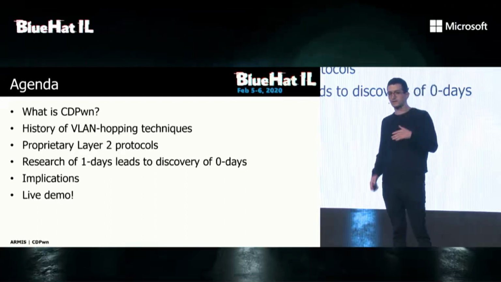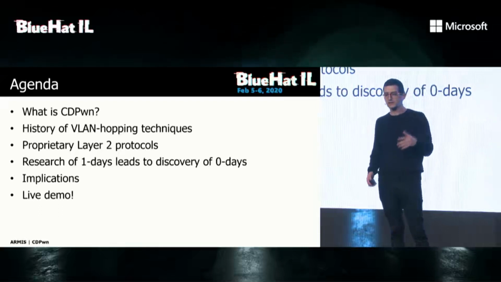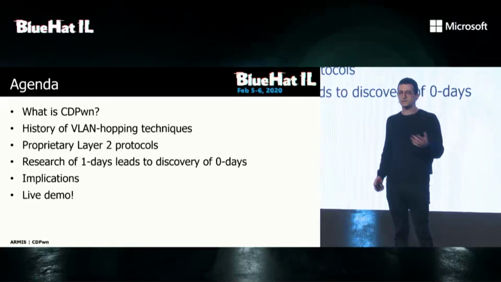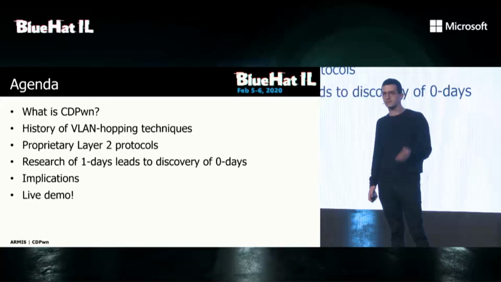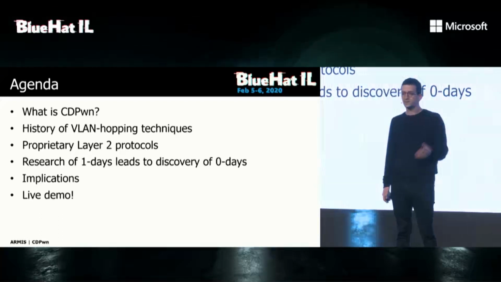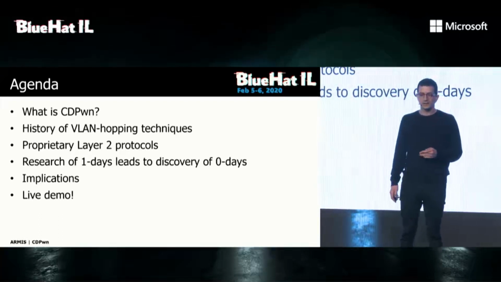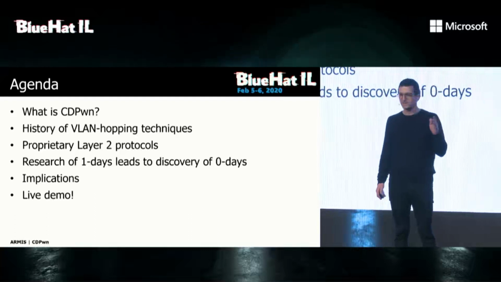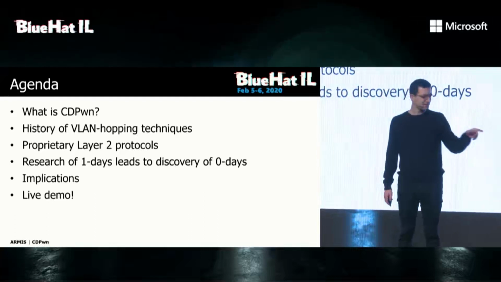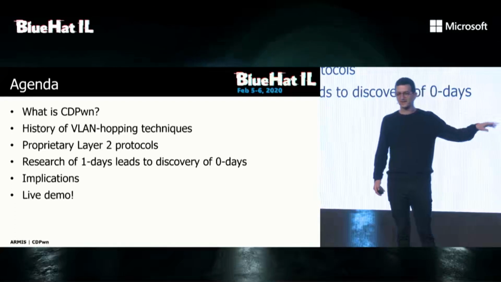So from that, a bit about the implications of this research, what it means to the security of networks and enterprise-grade IP phones and IP cameras, and also, if the live demo gods will be with us, we have an IP phone that we'll try to hack at the end of the talk.